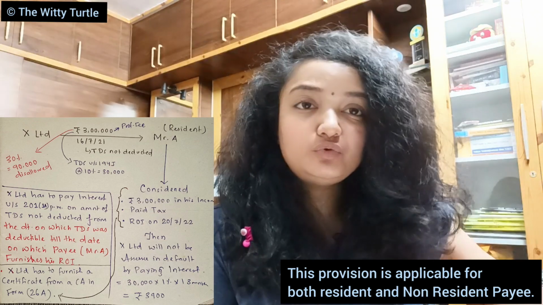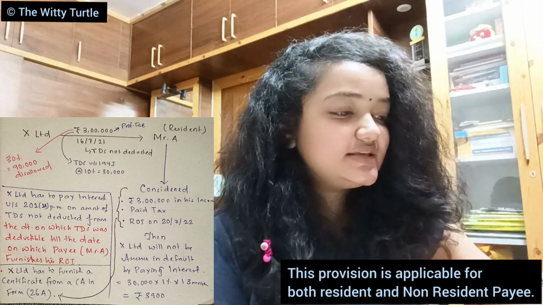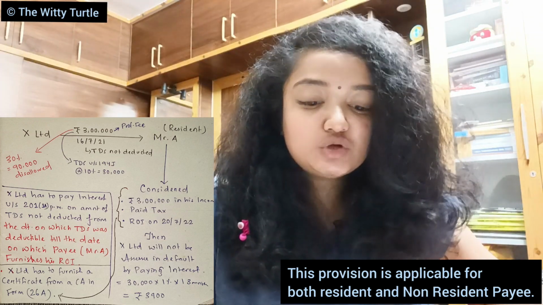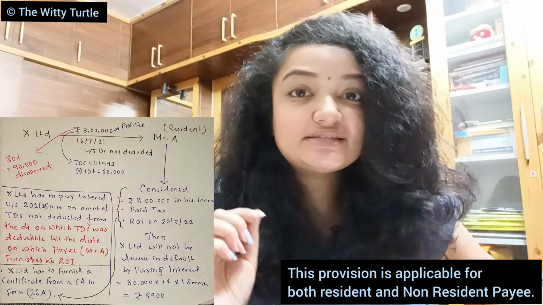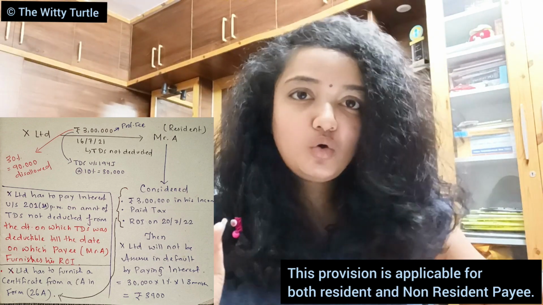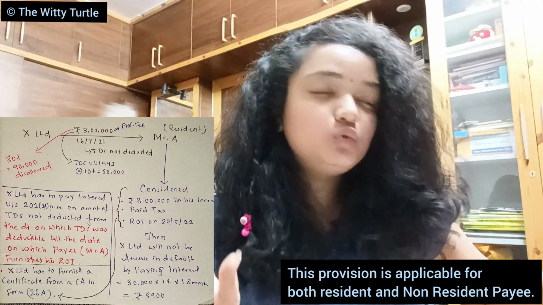Now you have to go through the legal language, which says that section 201 provides that the payer, okay, in this case, who is the payer? The payer is X Limited, who fails to deduct the whole or any part of the tax on the amount credited to the payee.